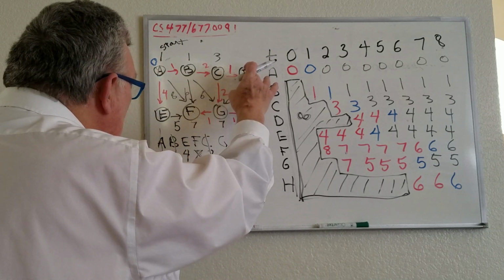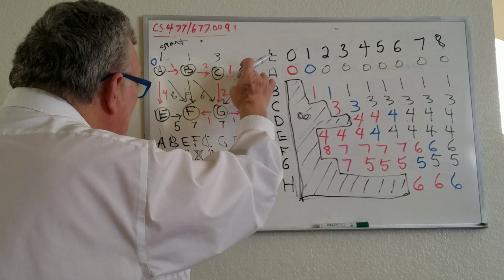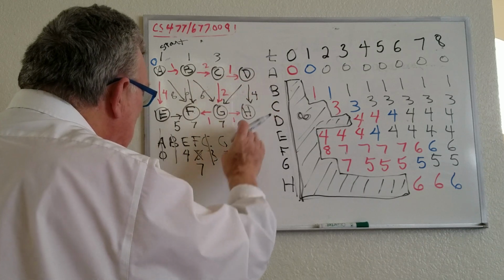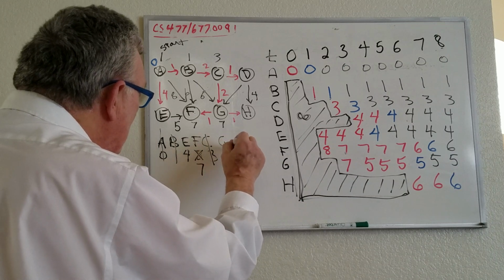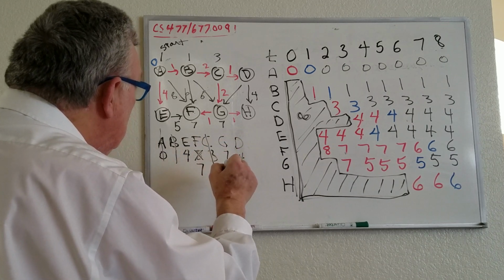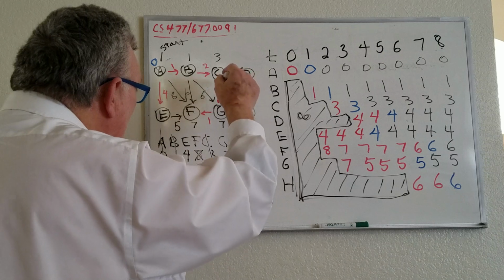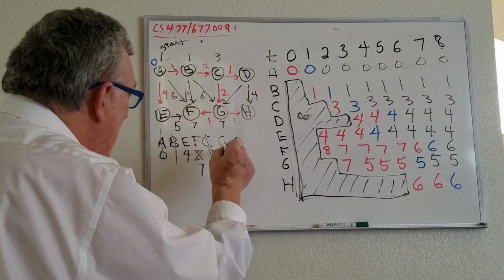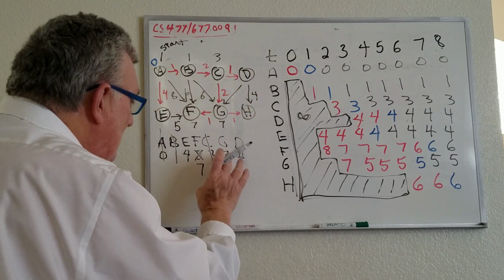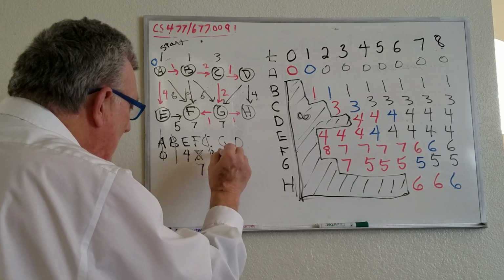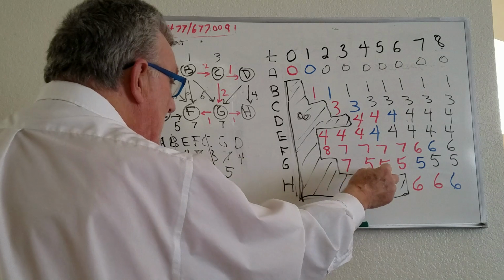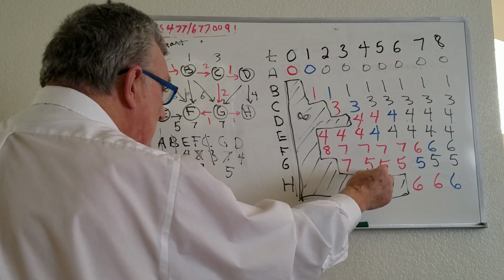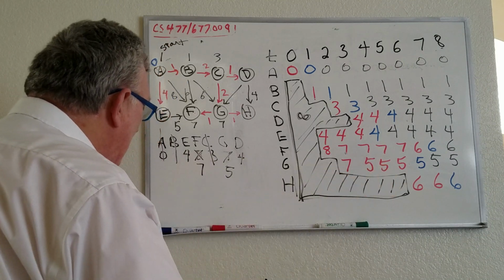Now, the out neighbors of C are, hold on. Wait, we have D, which is 4. Yes. And then we also have G, and 3 plus 2 is 5. So that means that this 7 is changed to 5, as we show here. All right, we have now completed that step.